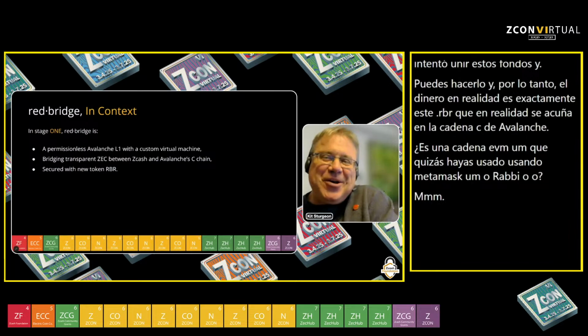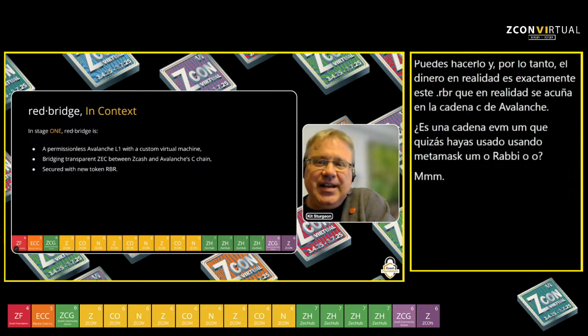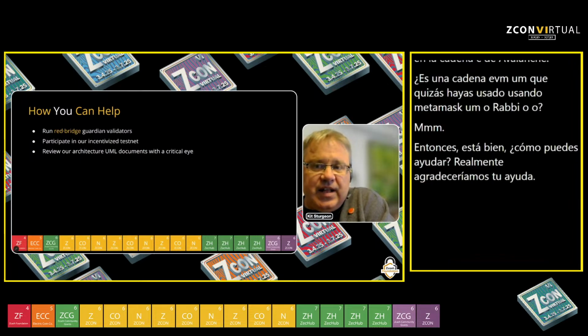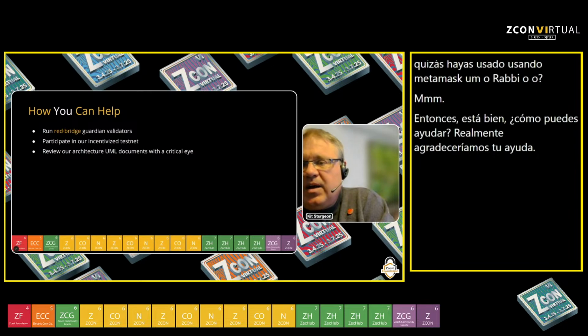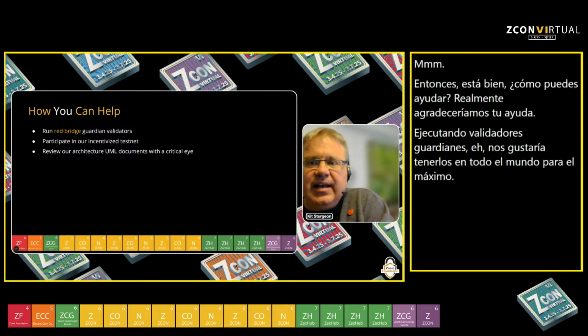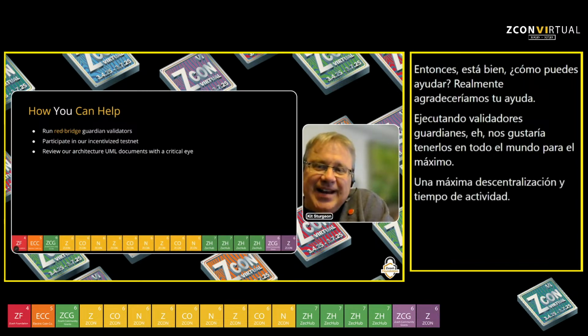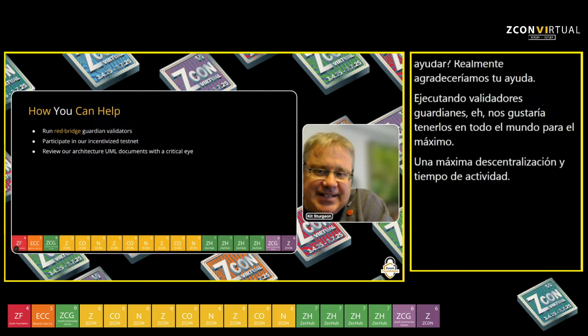So how can you help? We really would appreciate your help. Running Guardian validators, we'd like them all over the world for maximum decentralization and uptime. Participate in our active incentivized testnet.